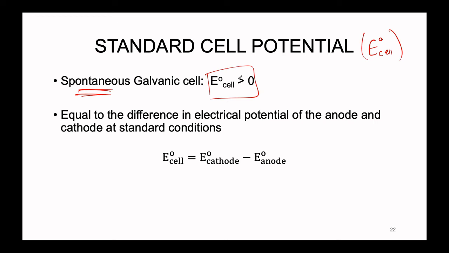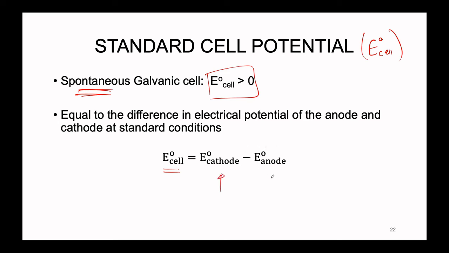Now the E naught of cell, how we can calculate this without having to put these substances in contact with each other constantly, like how we can use the standard hydrogen electrode values to predict or calculate what the energy of our cell is going to be, is by taking the half cell potential for our cathode, and subtracting out the cell potential for our anode.